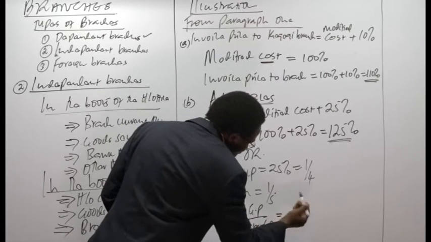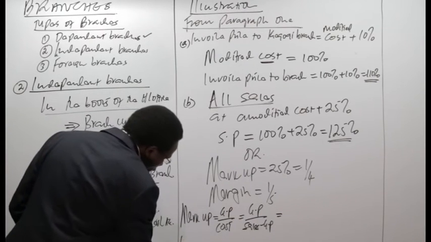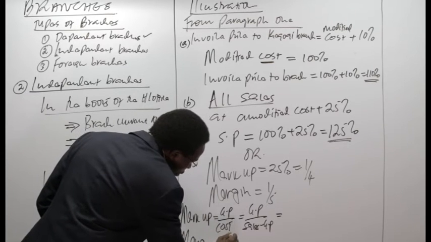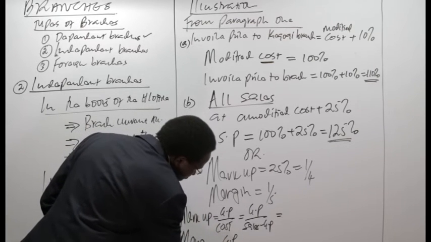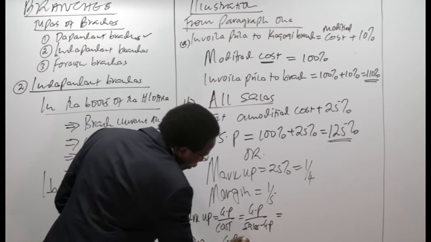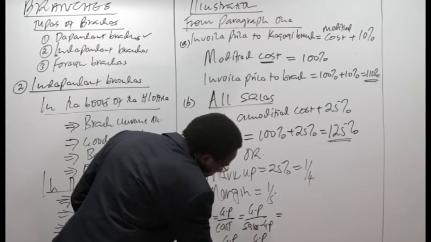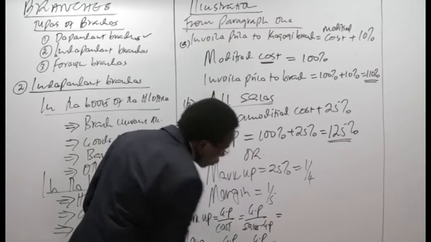And we can say that this is maybe A over B. We can also talk about the margin. The margin is simply the gross profit over sales, which is the same as gross profit over cost of sales plus gross profit. You need to remember that.